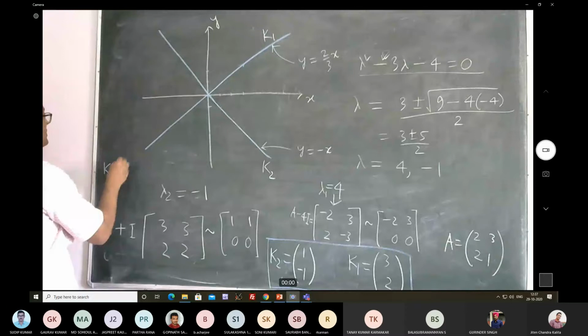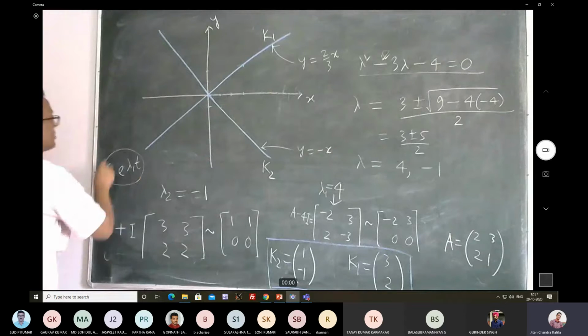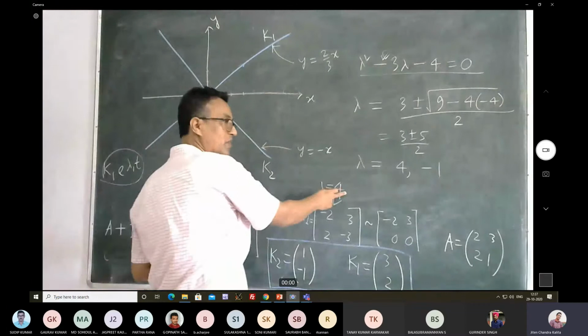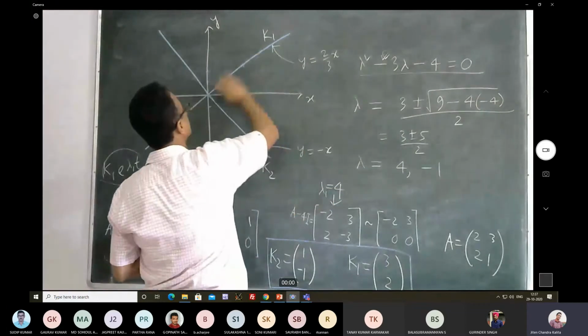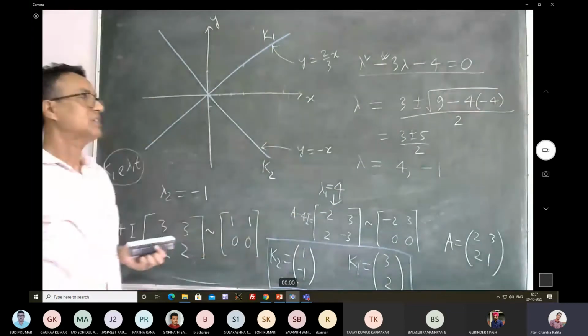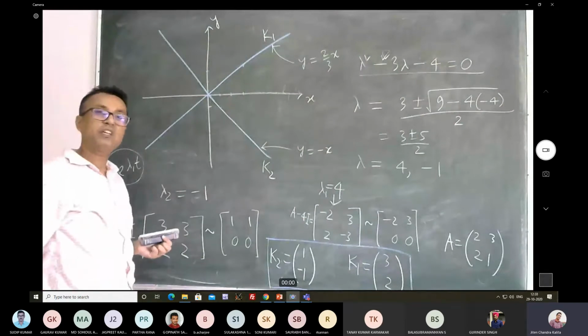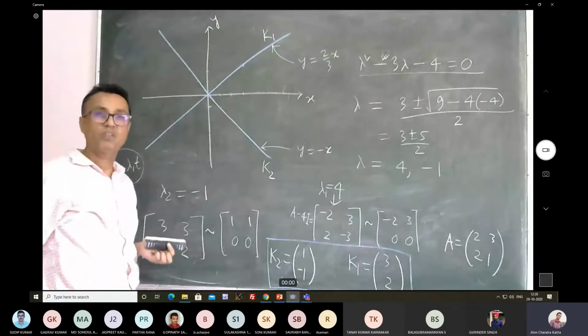Okay. So now let me try to draw K1 e to the power lambda 1t. Now you know that lambda 1 is 4. This is positive, right? That means all the trajectories starting at some points on the line represented by K1 are going to be diverging away from the origin.